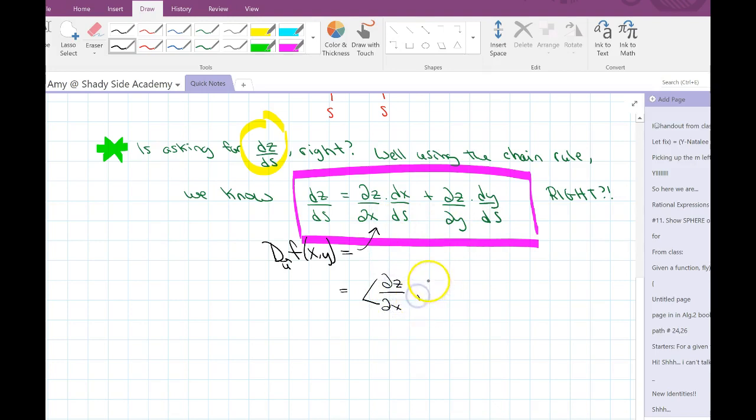Let's call the two vectors vector 1 and vector 2.